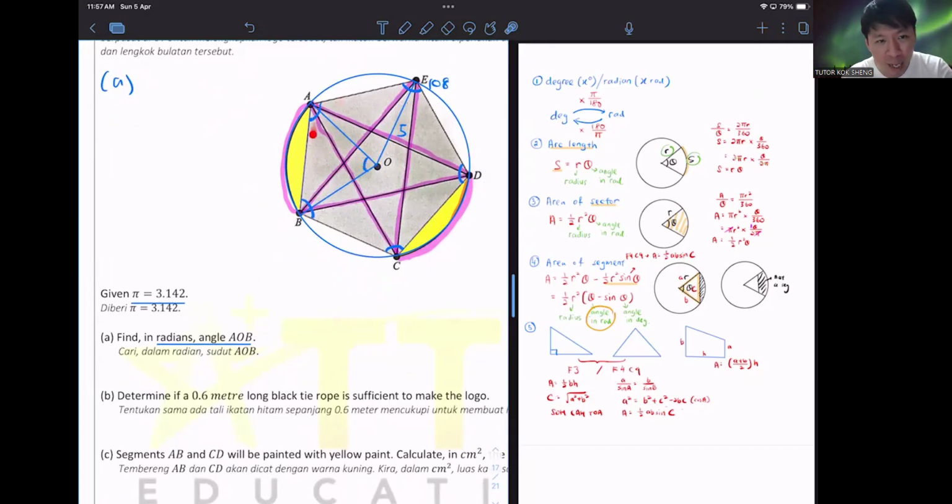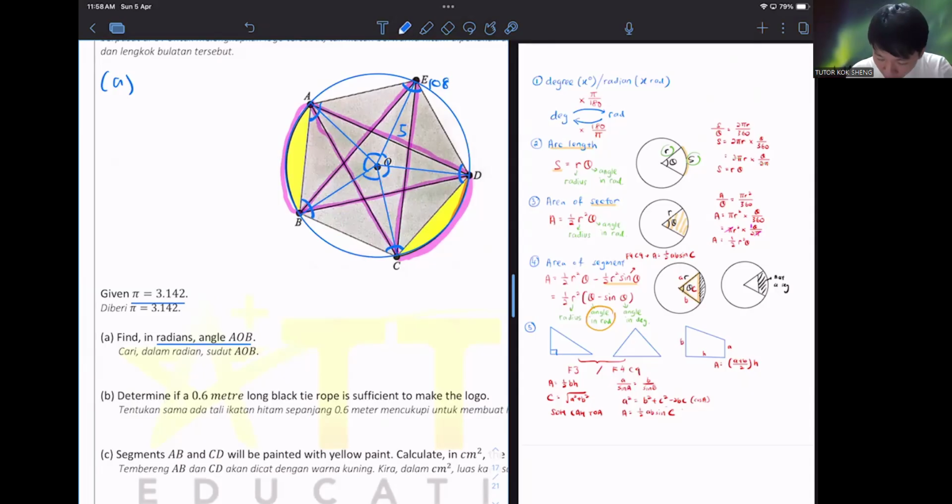Because this is a regular pentagon, all the sides have the same length. If I split it into 5 parts following the sides, one, two, three, four, five, they are all the same angle, because this is a regular pentagon and all the sides are the same length.